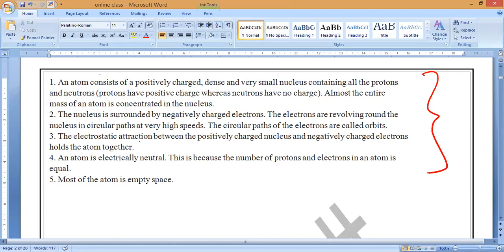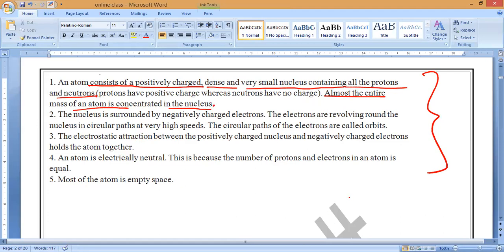So the first point is: an atom consists of a positively charged, dense and very small nucleus containing all the protons and neutrons. As we know, almost the entire mass of an atom is concentrated in the nucleus only. Why is it?